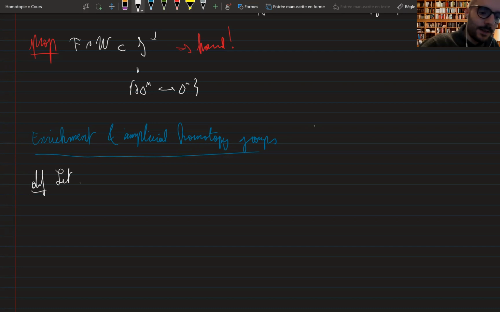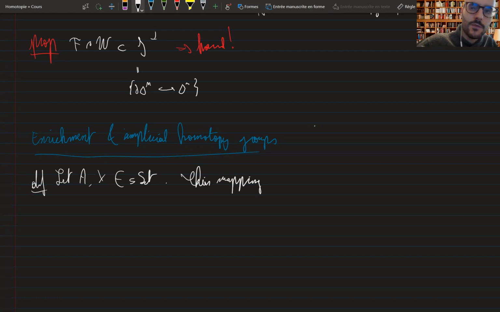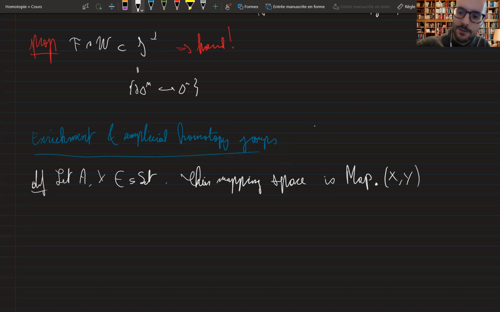So let A, X be two simplicial sets. Their mapping space, which, as is common in modern homotopy theory, is not actually a space, it's a simplicial set, is usually denoted like this.